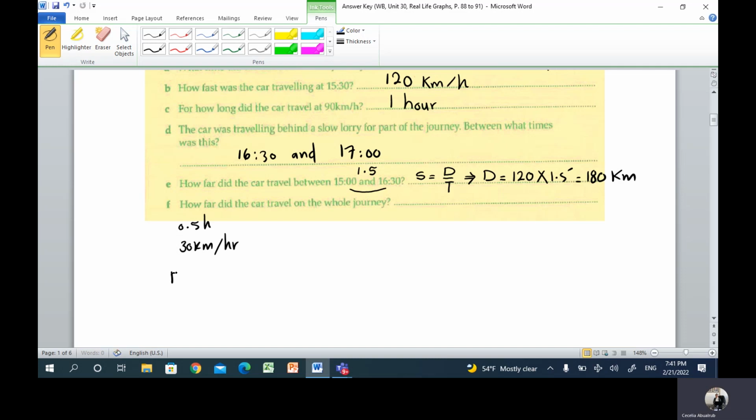So the distance is equal to speed times time, so it will be 30 times 0.5, and the answer will be 15 kilometers.